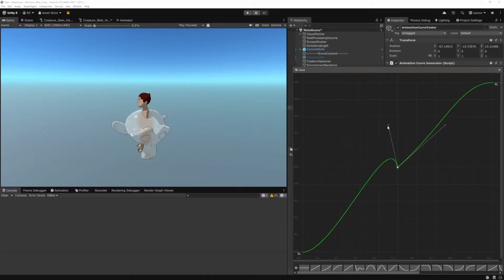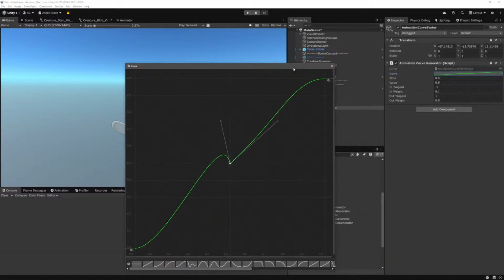If we wanted to go... The intangent, it's like one step on the x-axis is currently -5 steps on the y, or +5 steps on the y-axis.